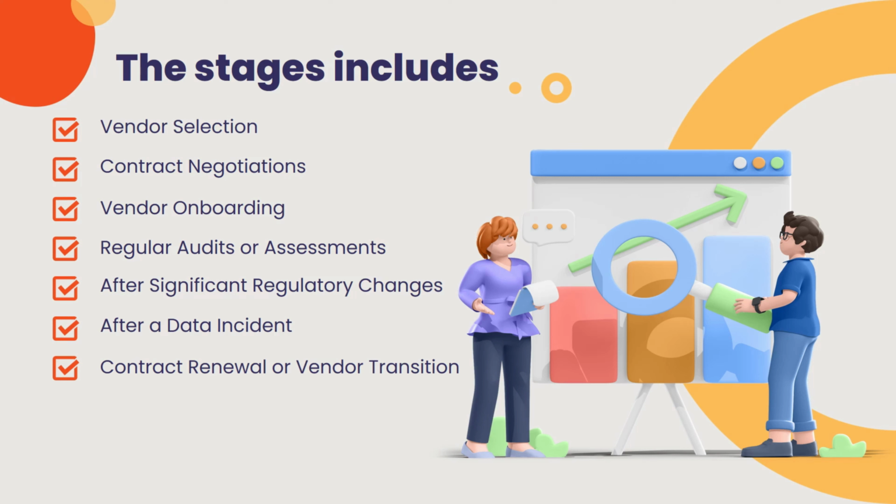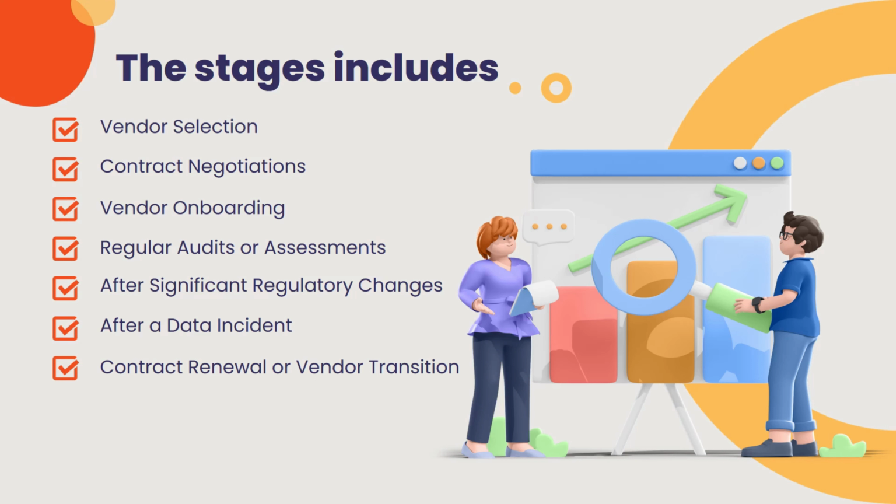The next point is regular audits and/or assessments. The GDPR requires regular assessment of data handling practices, right? So when you audit or assess your own practices, it's also an appropriate time to review the vendor practices. Mapping the GDPR principles to their compliance metrics gives you a structured framework for these assessments.